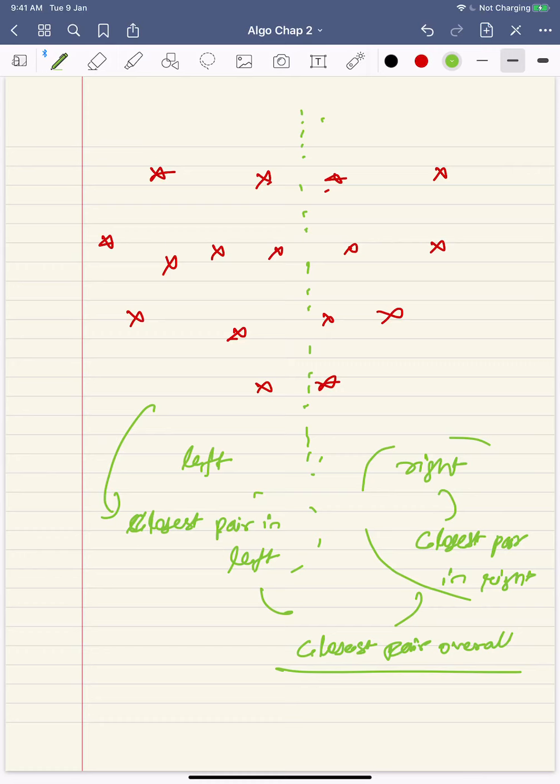Fine. Now, divide and conquer, these two steps are easy, but the combine part is not so easy. Why is that?